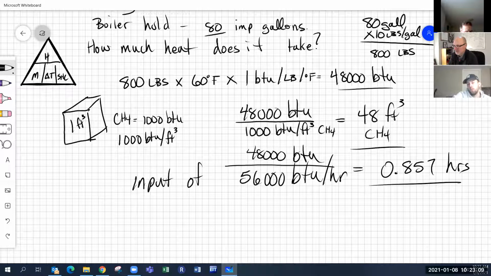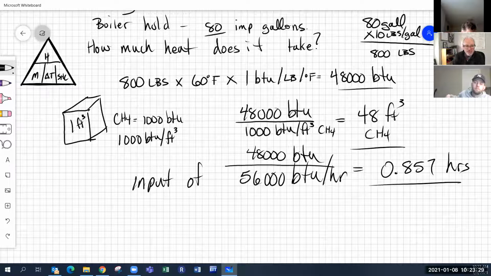And that boiler would be 85% efficiency then. Well, no. We don't know that yet, Brandon, because this is just how many BTUs it takes to get that water up. Now, if that boiler was less efficient, then I would have to use a different number.